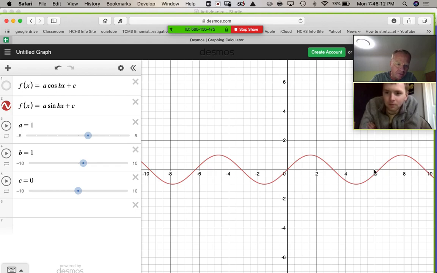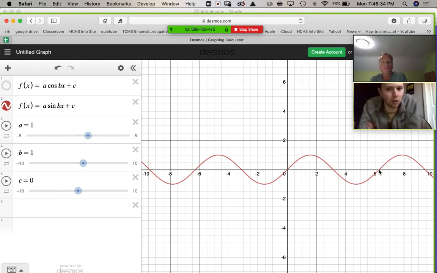2 pi. Now notice, please, this is in radians, so it's a little over 6. 2 pi is 6.28. So you can see the period. Maybe you should tell them about that word, Mr. Dielman, period. It's how long it takes to go one full revolution, measured in radians, but also degrees.